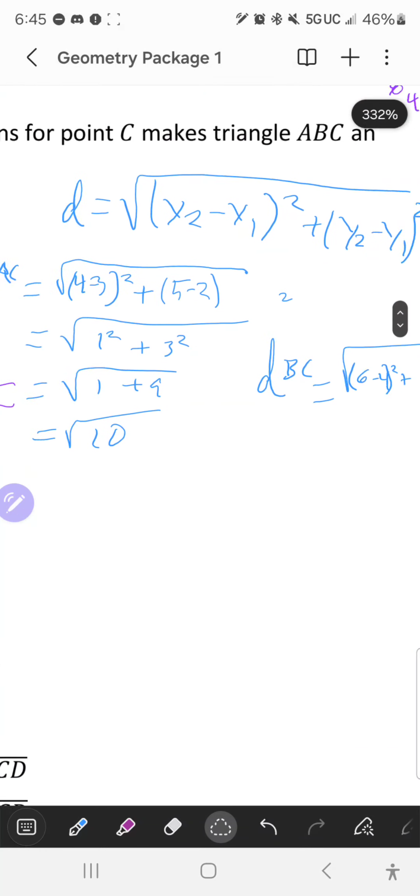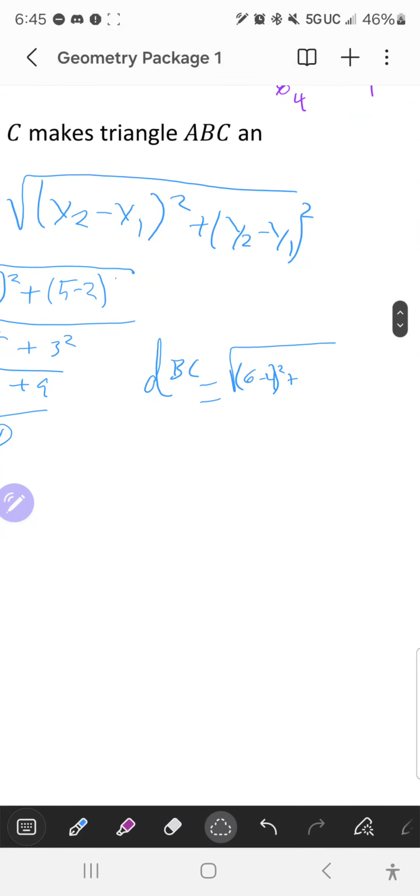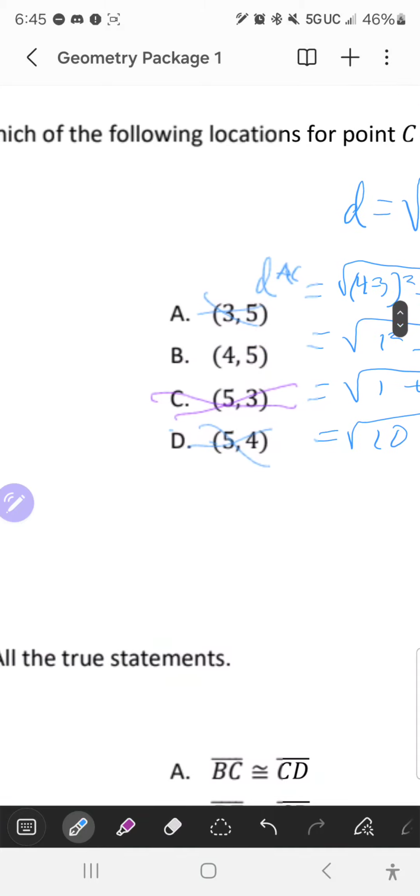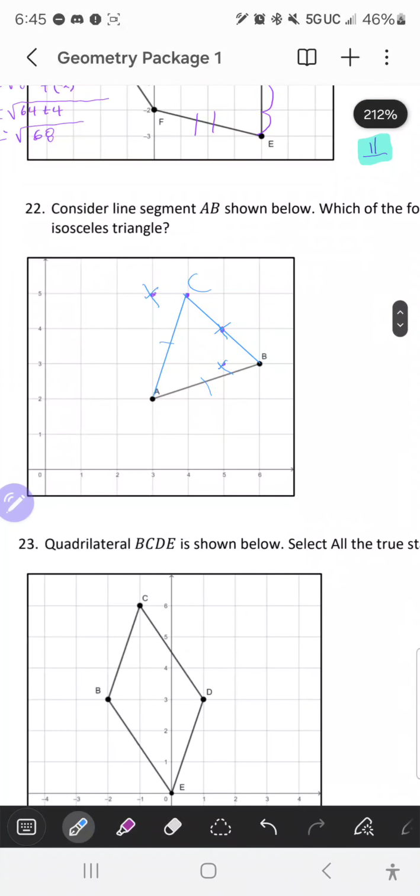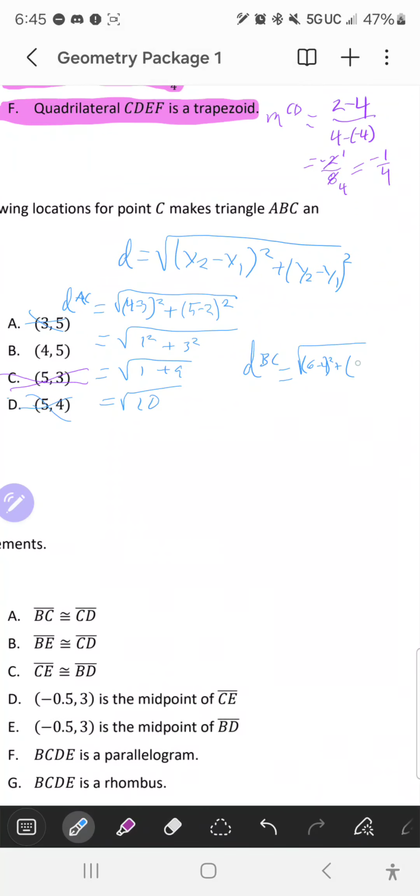Plus y2 is 3, y1 is 5, so 3 minus 5 squared.